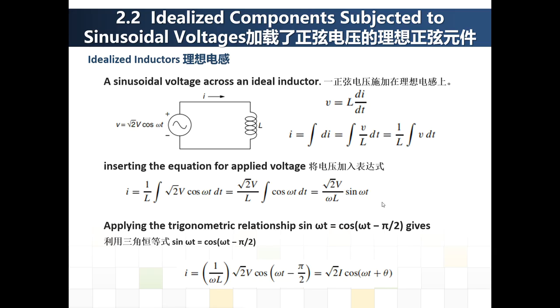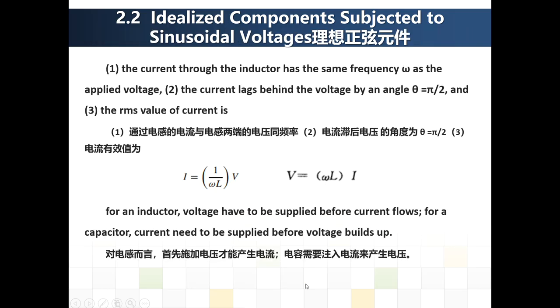When we apply the trigonometric relationship, the current I is equal to 1 over omega L multiplied by the square root of 2 multiplied by voltage multiplied by cosine omega t minus 90 degrees. That means the current will be behind the voltage by 90 degrees. So the current through the inductor has the same frequency, but the current lags the voltage by 90 degrees.